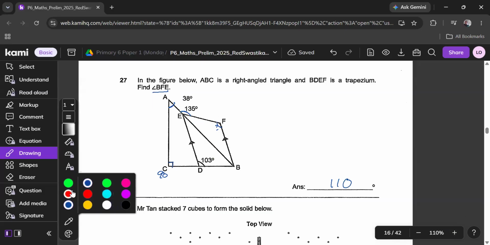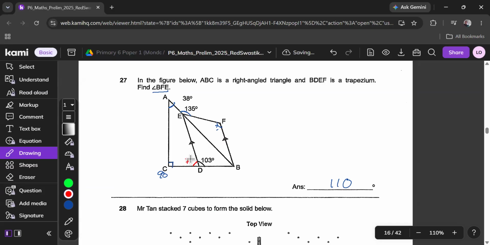Okay, look for other angles that are easy to find. This one, 180 minus 103, 77. And then you've got this 38 here already, right? Then you can find this right angle. There is a four-sided figure, so the sum of angles is 360 degrees.